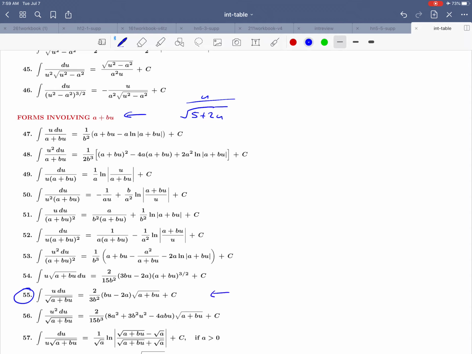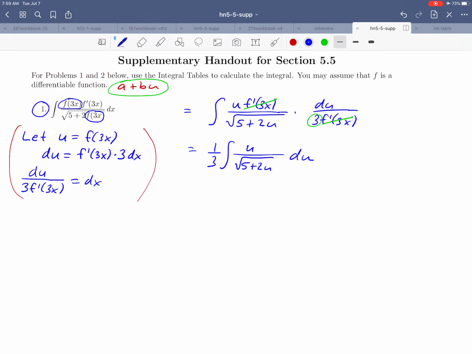If we take that formula with a equals 5 and b equals 2, it tells us that our antiderivative should look like this. So we're going to go back and write down that antiderivative and fill in the a and the b that it gave us.